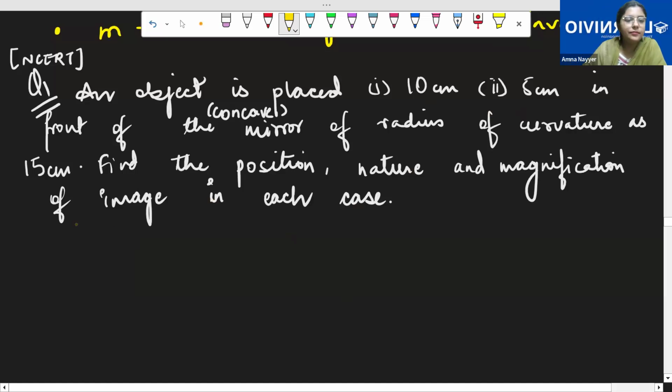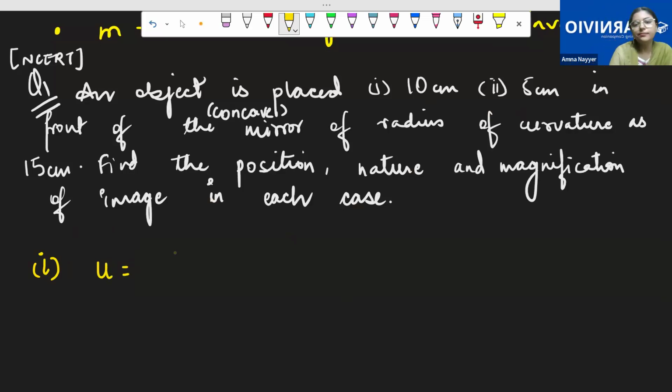So tell me in the first part, what is the value of u? We are solving the first part. 10 centimeter. Sign convention?